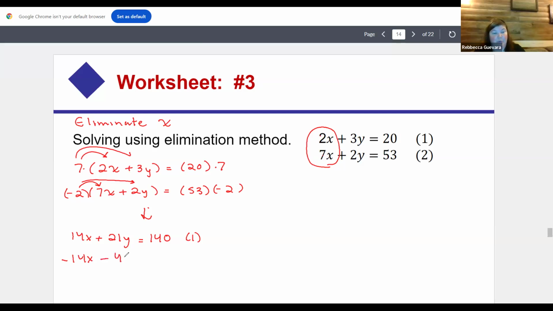Negative 4y, and negative 2 times 53 is going to be a negative 106. So if I add those, my x's disappear. I'm going to have 17y, and then I'm going to end up with 34 here. So 34 divided by 17 is just going to be 2.